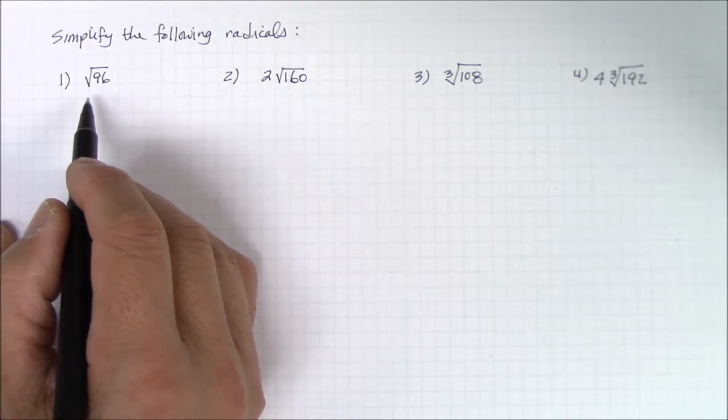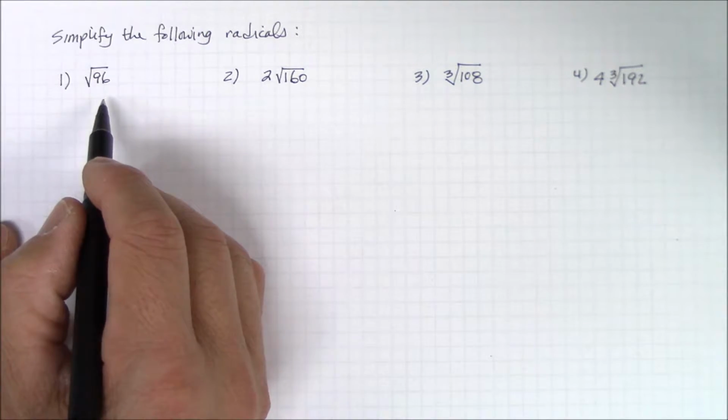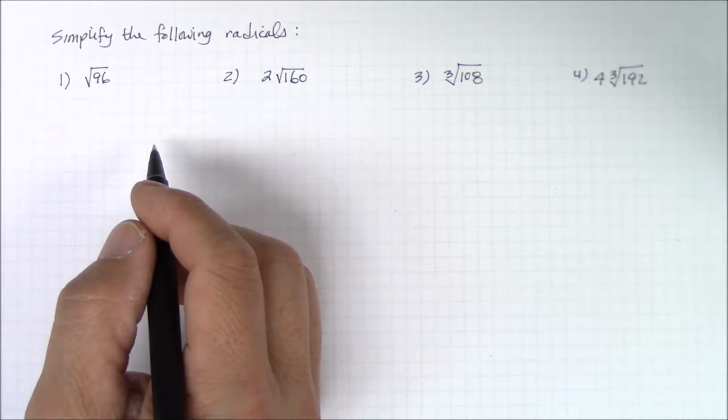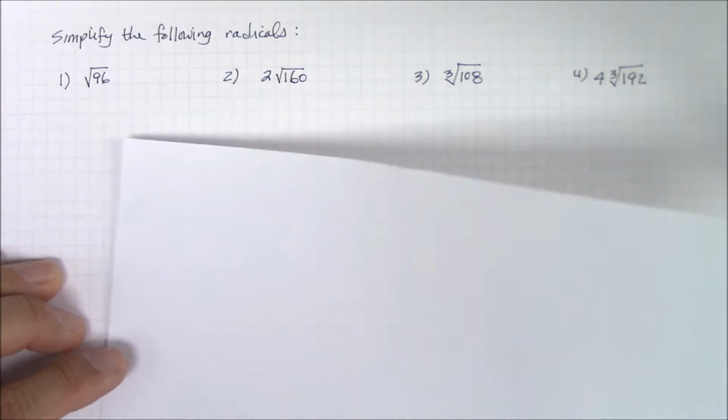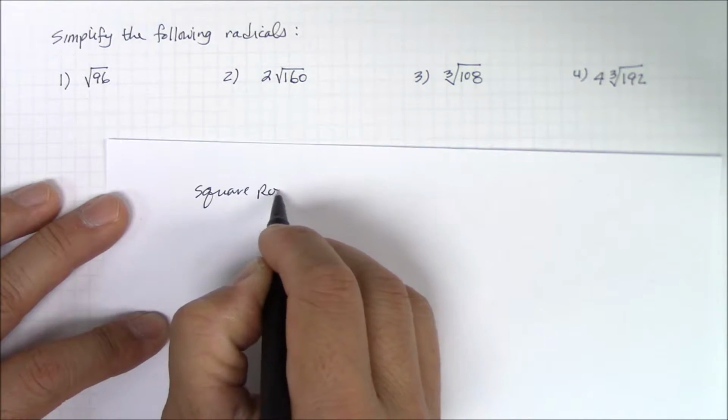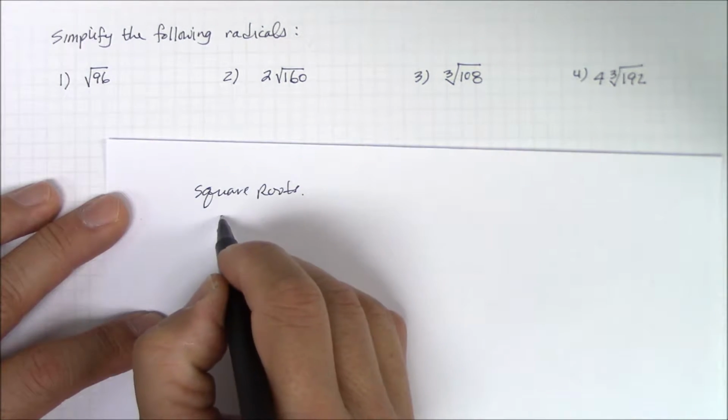Go ahead. All right. So when we talk about square roots, by the way, it's always good to quickly do a review of what a square root and a cube root mean. Square root literally means we're talking about a square.